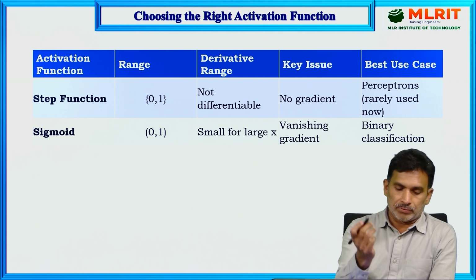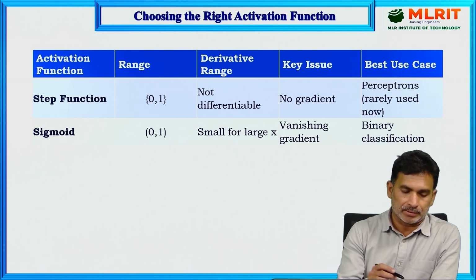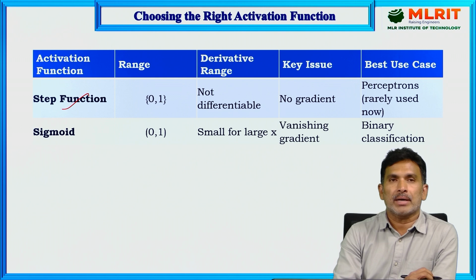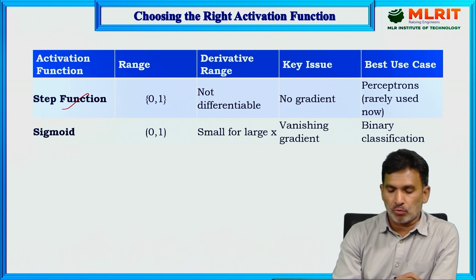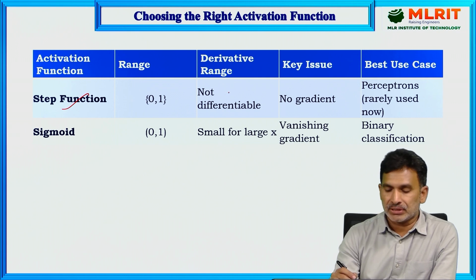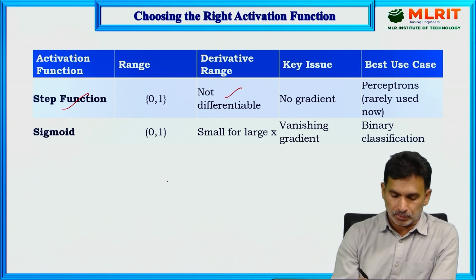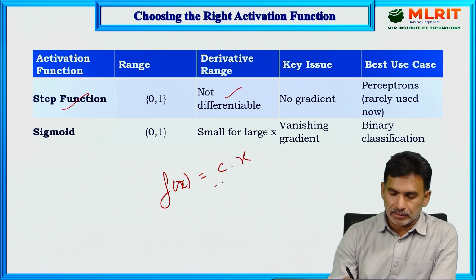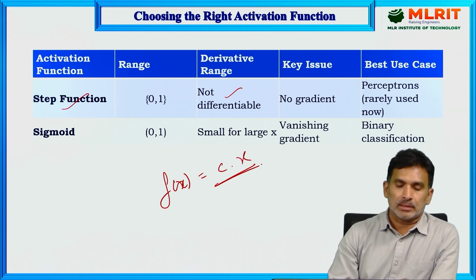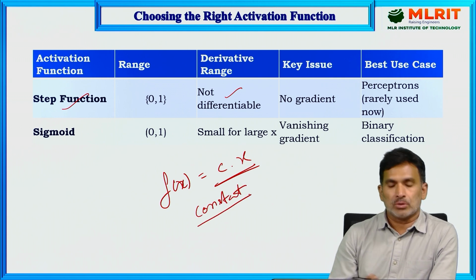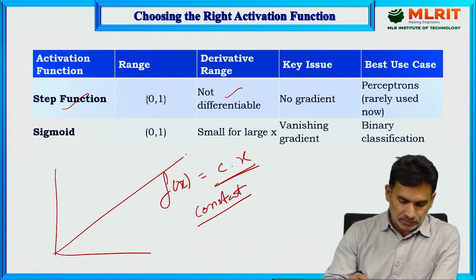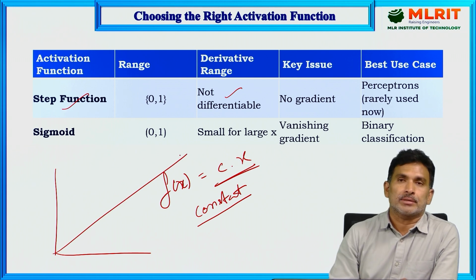So here, if you compare all these activation functions, like the step function, that is a binary or threshold function, it has the range 0, 1, and it's not differentiable. Like suppose f of x equals c times x, the gradient becomes constant here, so there is no change in this.